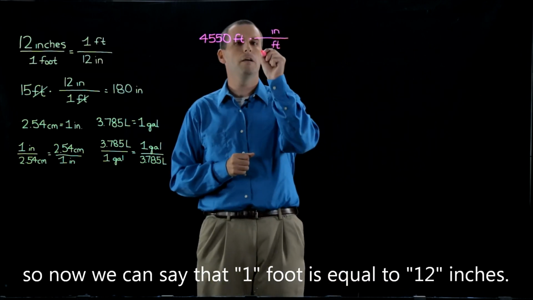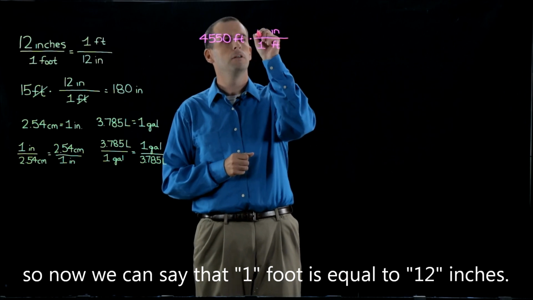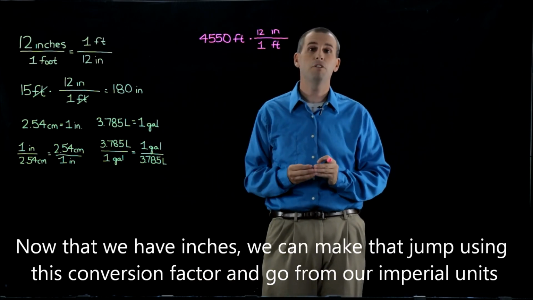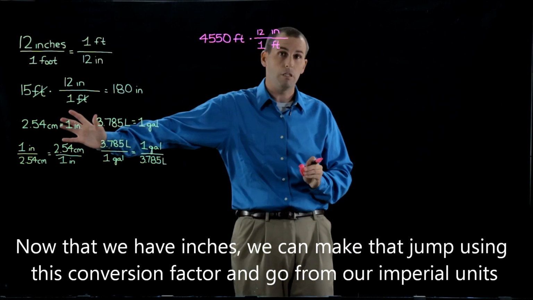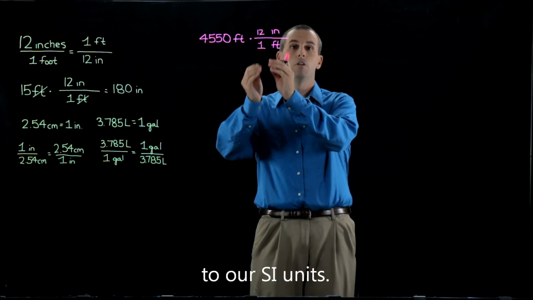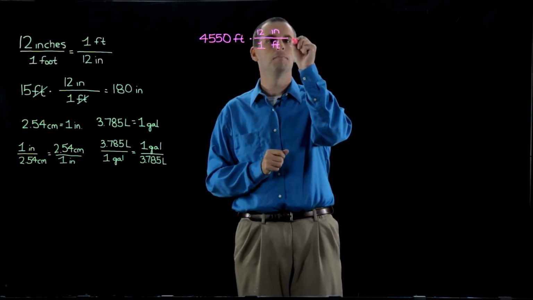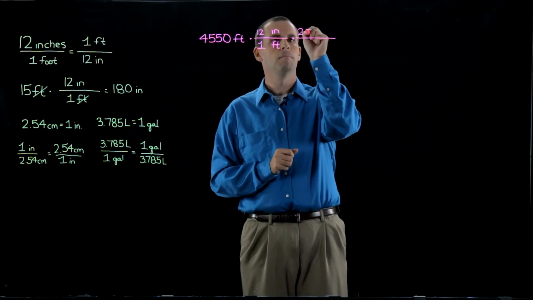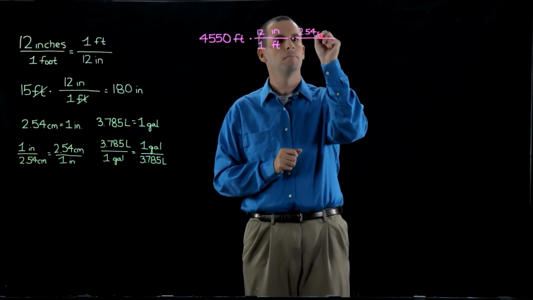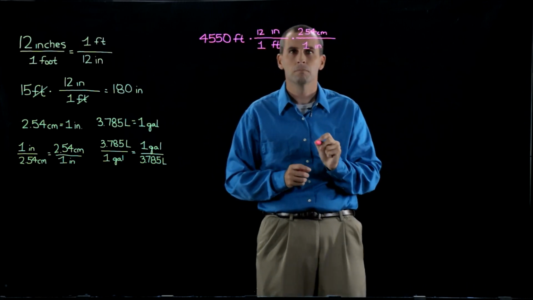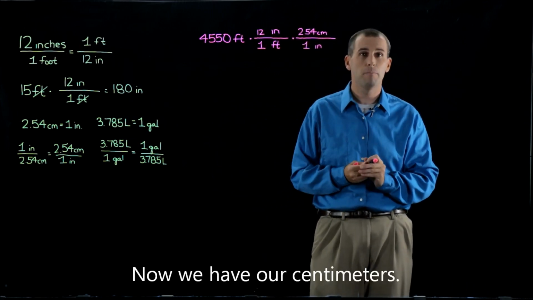So now we can say that 1 foot is equal to 12 inches. Now that we have inches, we can make that jump using this conversion factor and go from our imperial units to our SI units. Now we have our centimeters.